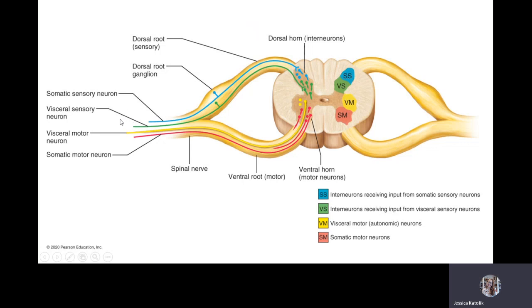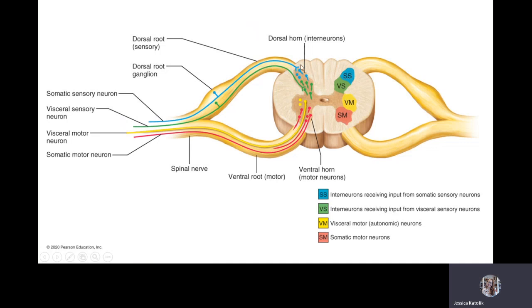So sensory neurons, both somatic and visceral, are going to come through the spinal nerve, and their cell bodies are going to be located in the dorsal root ganglion. Their axons are going to continue on through the dorsal root, and they will end in the dorsal horn.